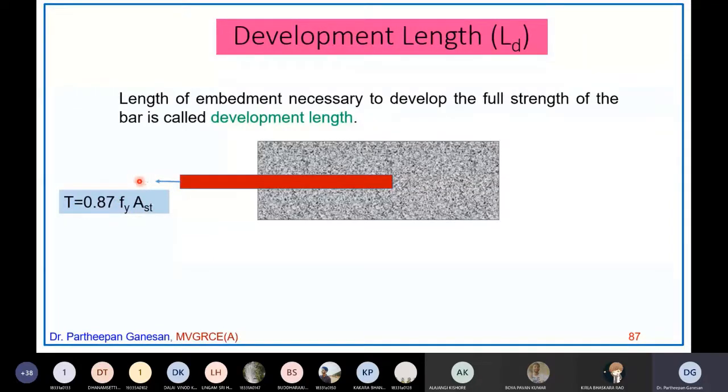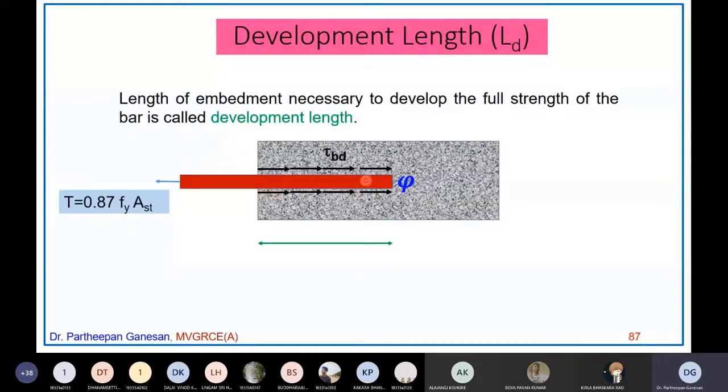Now let us say this is the bond stress tau BD. The diameter of this bar is phi, and tau BD is the shear stress acting on the surface area of this bar. This is called development length, LD.